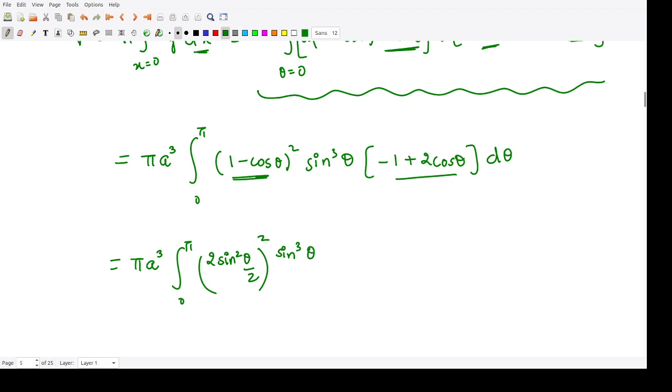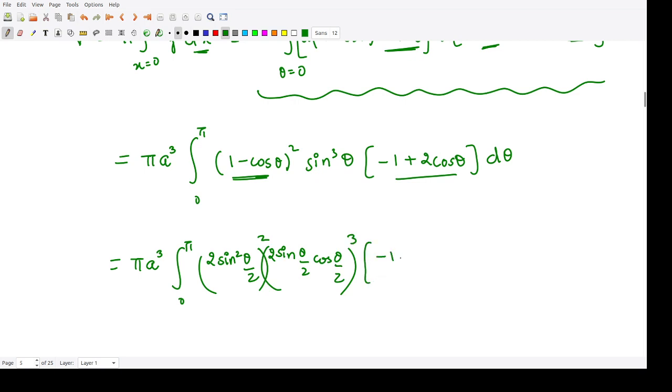Moreover, sine theta is 2 sine theta by 2 cos theta by 2, so in place of sine cube theta we have 2 times sine theta by 2 cos theta by 2 whole cube, multiplied by this term.